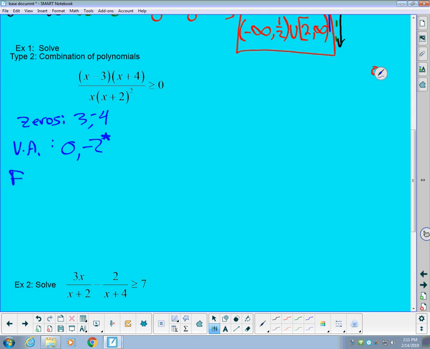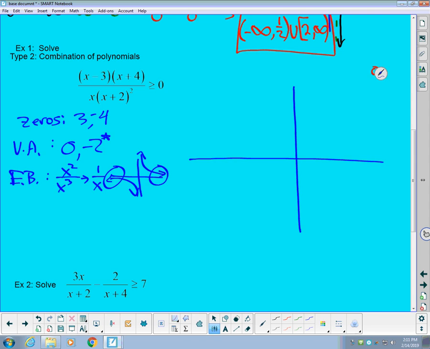I could analyze my end behavior on this graph to know where to get things going. I'm going to end up with an x squared in the numerator and an x cubed in the denominator, which reduces to a 1 over x, and that looks like this, so it will have the same end behavior going on the graph there. So I'll make my axis.